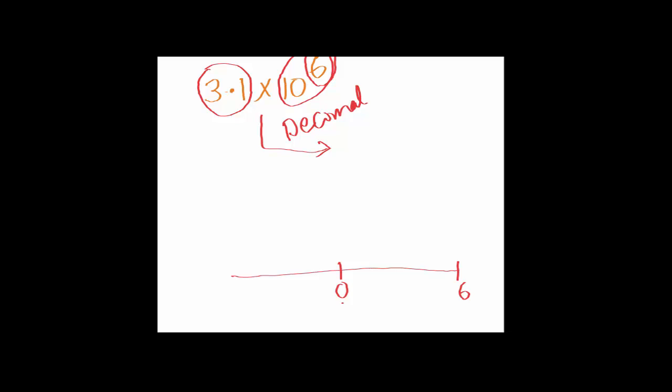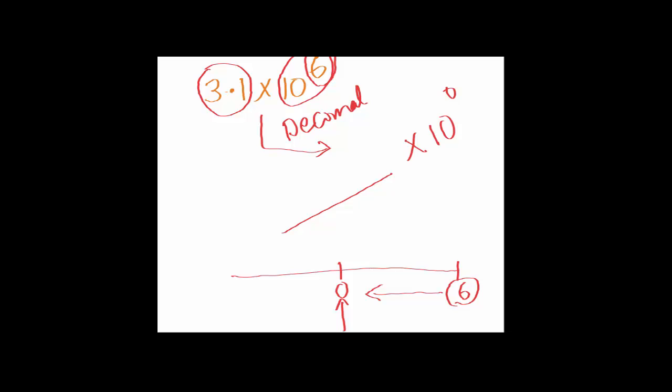Remember that the decimal is always at 10 power 0. So I have this positive 6, and I need to go down by 6 places. Going down means that I need to move the decimal point to the right by 6 places.